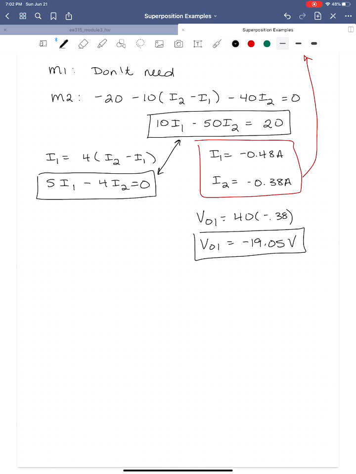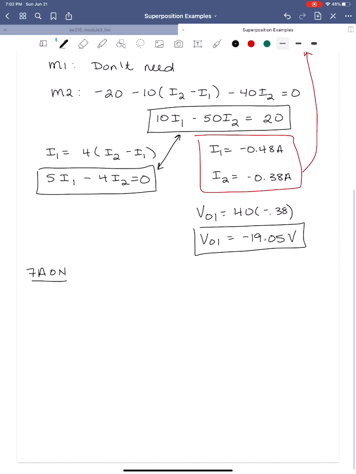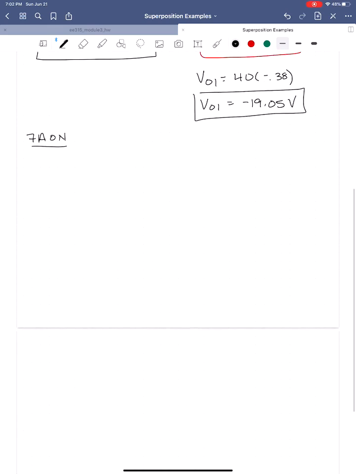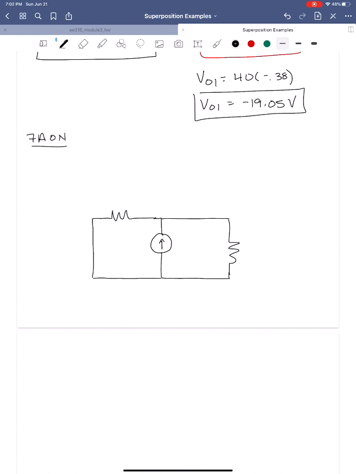Now we need to go with the 7 amp source being on. With the 7 amp source on and the 20 volt source being off, we're going to have a short circuit where the 20 volt source was. We have the 10 ohm resistor, the 7 amp source, the 40 ohm resistor, and then we have the dependent source.